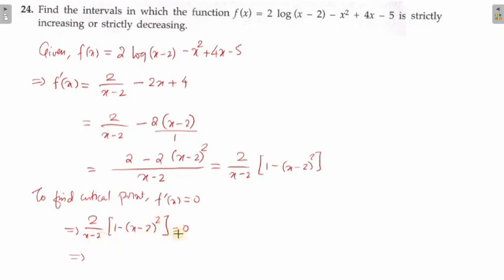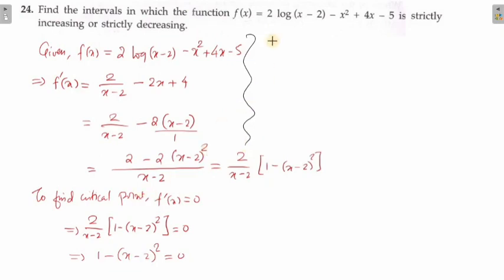Now bring this here, so you get 1 - (x - 2)² = 0. If you want to open the bracket and form a quadratic equation and solve, that is also fine, or else you can solve from here also. Let me show you how.